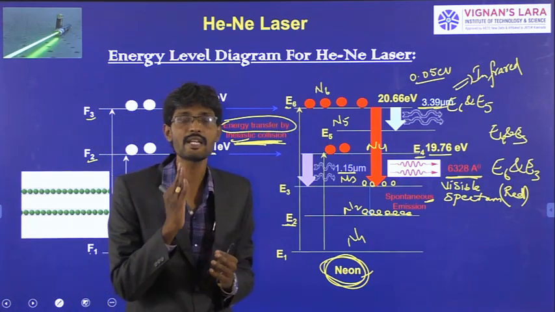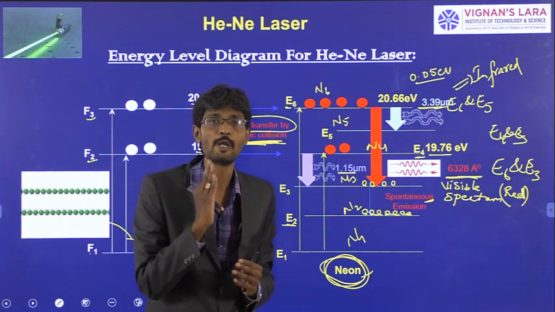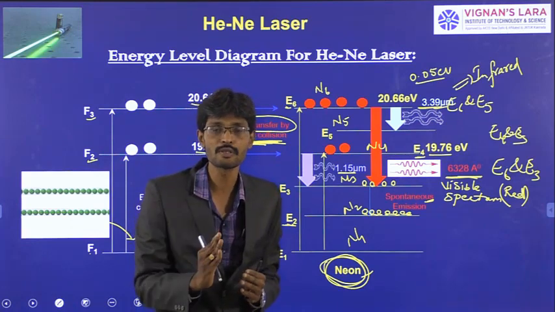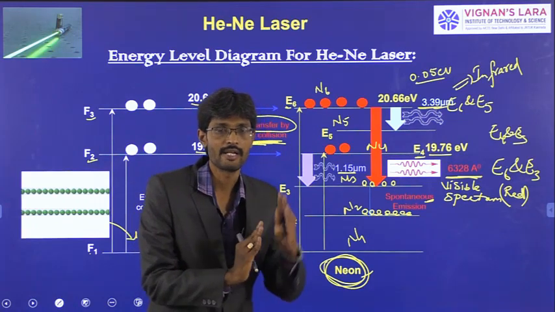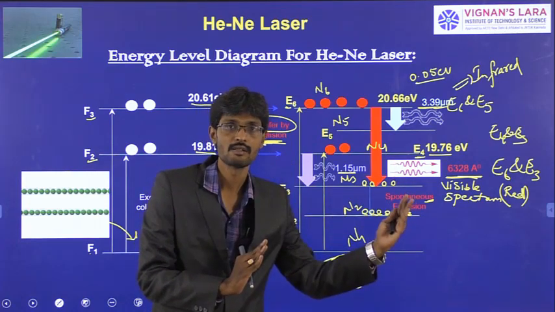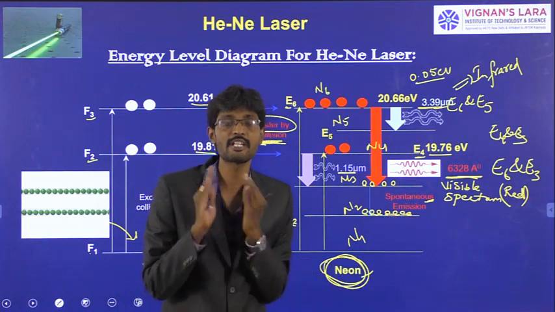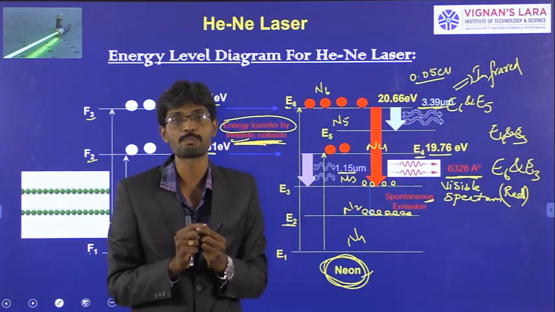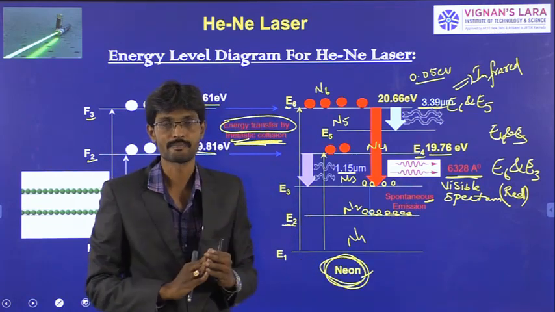That means the helium neon laser will produce a laser as output for a short period of time and be absent for a bit of time. And again produce laser for a short period of time. That means here we get a pulse laser as output, not a continuous laser.